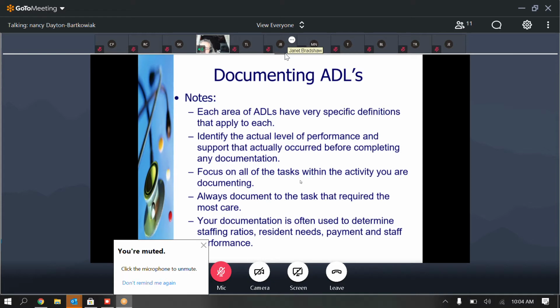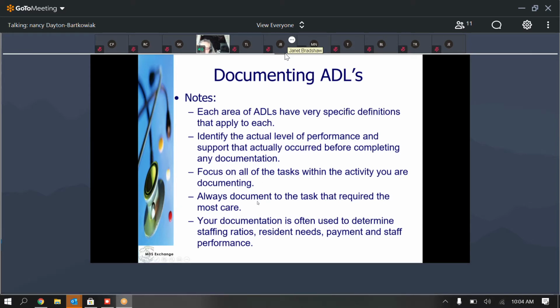Focus on all of the tasks within the activity you are documenting. And one thing to make note of on this piece is some of the questions are going to have multiple tasks within the question. And so you're really going to want to focus on what you are documenting.